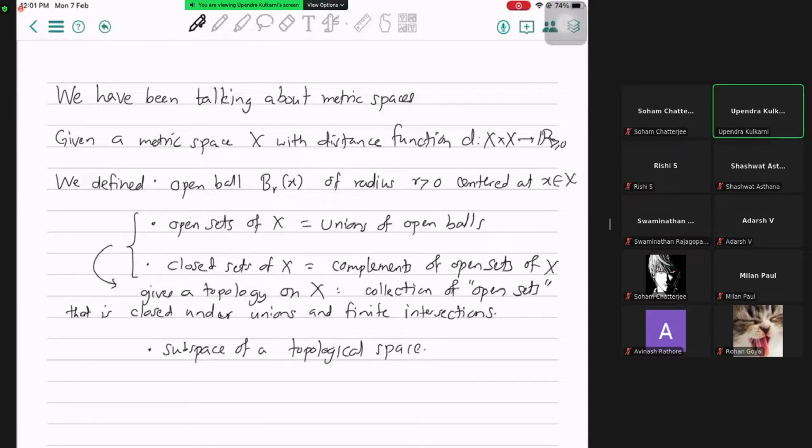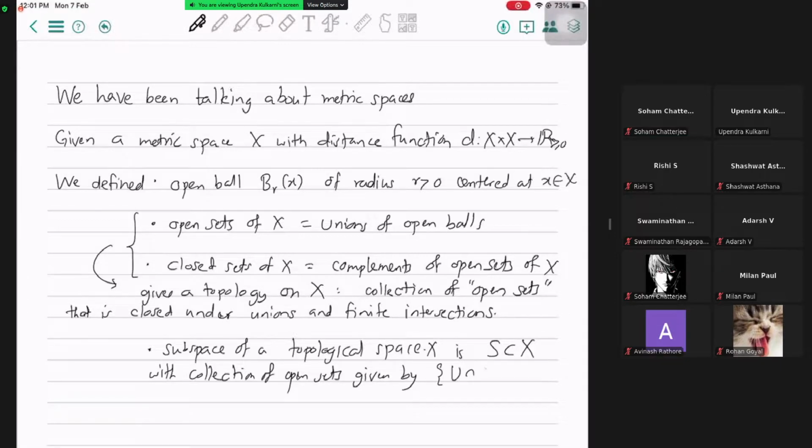A subspace of a topological space X is S with the collection of open sets given by the open sets of X intersected with S, so U intersect S such that U is open in X. And I asked you to verify that this actually gives a topology.